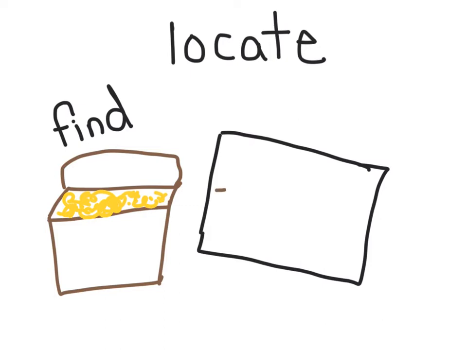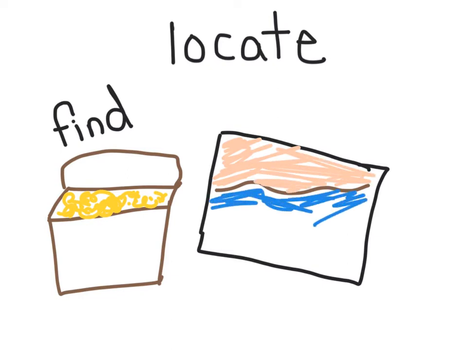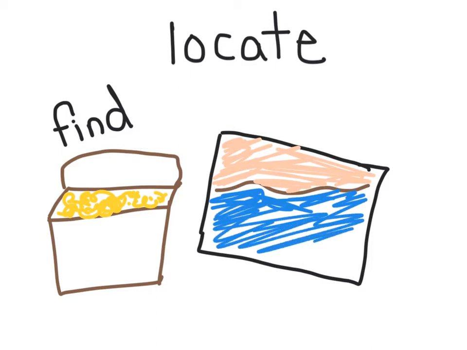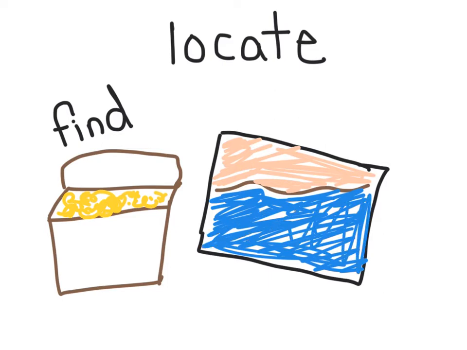And the maps are normally pretty fancy maps if you actually look at them. They'll have where there's sandy beach, and then they'll have where there's water, and then the pirates will have landmarks that they look for on their map.